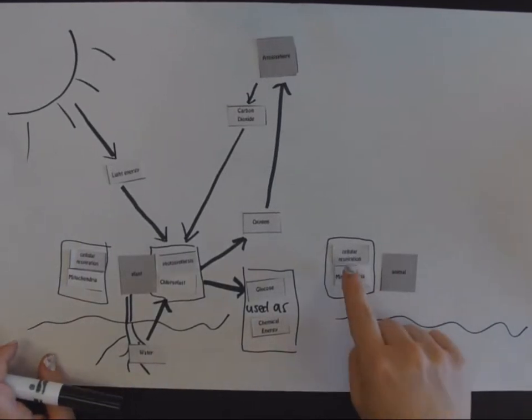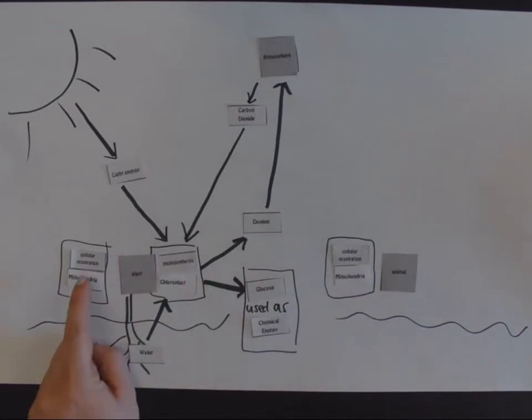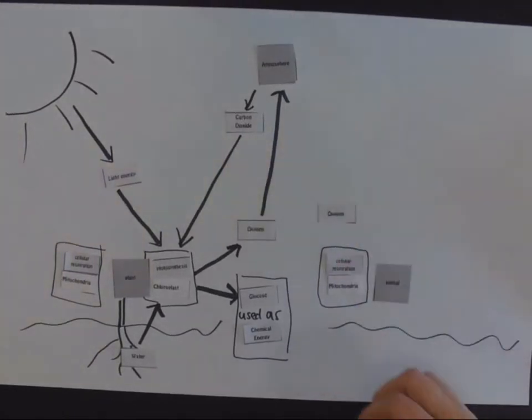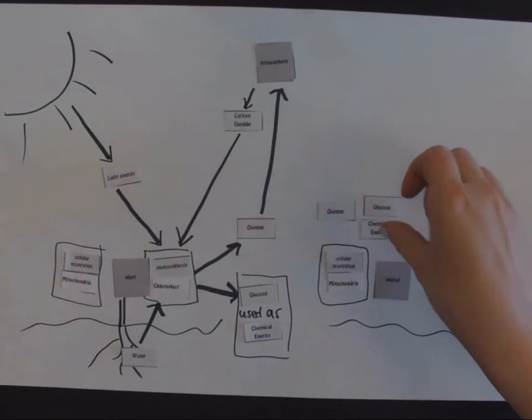So I have another striped process piece in cellular respiration, with the plant and the animal. I know that my inputs for cellular respiration are oxygen and glucose, which we use as chemical energy.